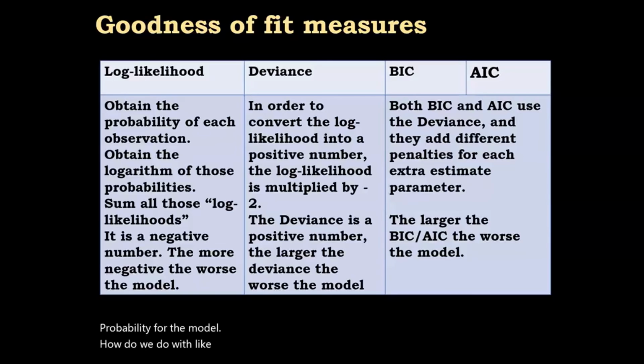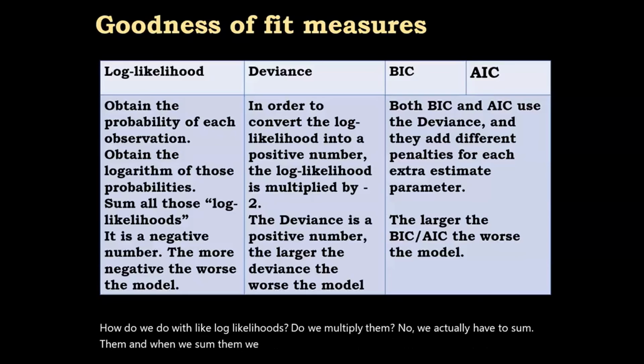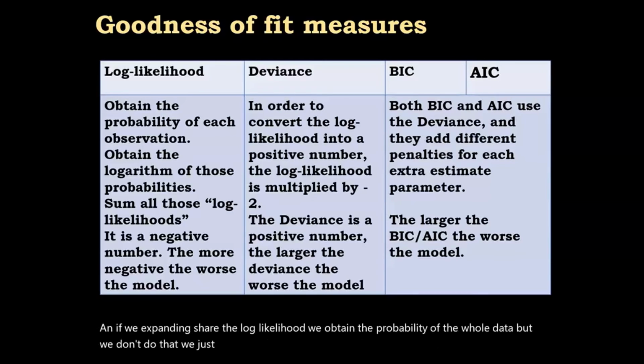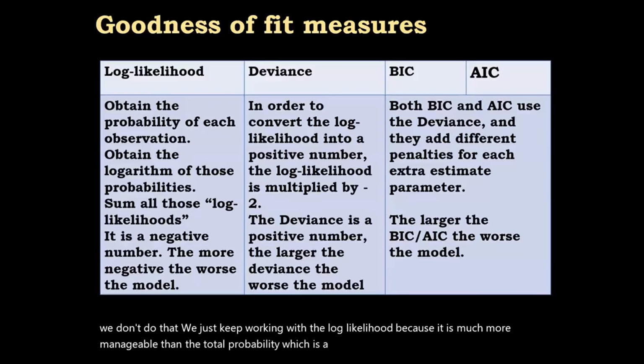Do we multiply them? No, we actually have to sum them. And when we sum them, we obtain the log likelihood. And if we exponentiate the log likelihood, we obtain the probability of the whole data. But we don't do that. We just keep working with the log likelihood because it is much more manageable than the total probability, which is a very low number.